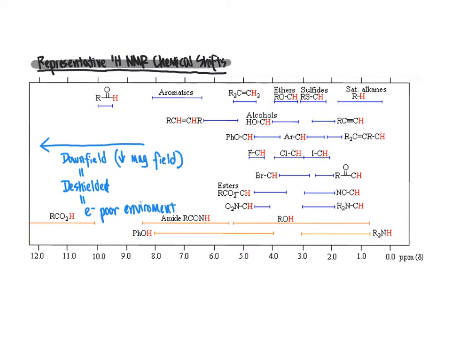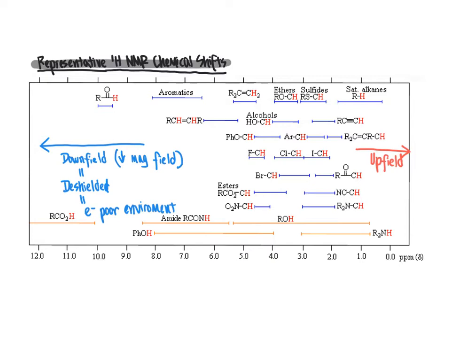In contrast, if we go further to the right-hand end of the spectrum, we would describe this end of the spectrum as being the upfield end. When we're using the terms upfield versus downfield, we're usually using those terms relatively speaking. So we would say, for example, that an aldehyde signal, which I'm circling in the upper left, is downfield relative to an alkane signal, which we're seeing on the right-hand side of the screen.